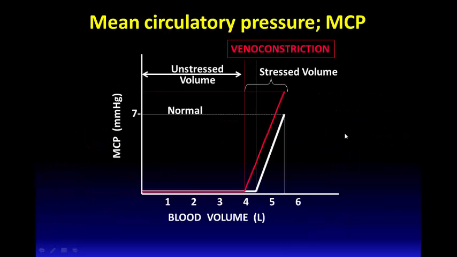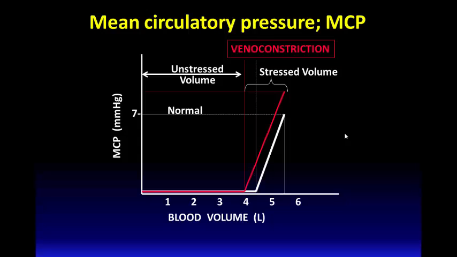Now let's describe the other factor which influences the mean circulatory pressure, which is the venous capacity. And we mentioned earlier in the lecture that the mean circulatory pressure is inversely proportional to the venous capacity. So as the venous capacity increases, mean circulatory pressure decreases, and as the venous capacity decreases, mean circulatory pressure increases.